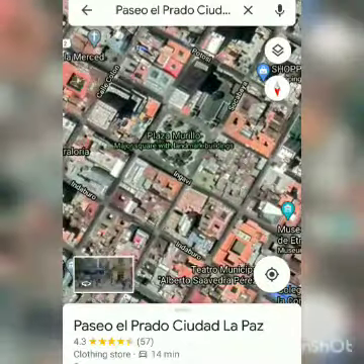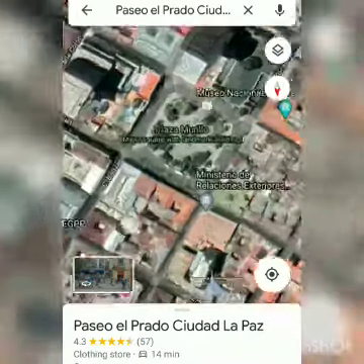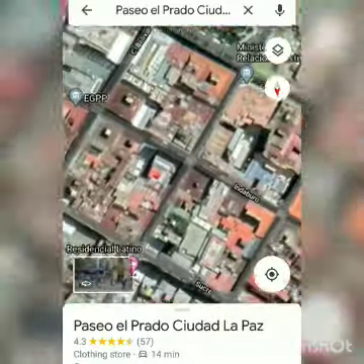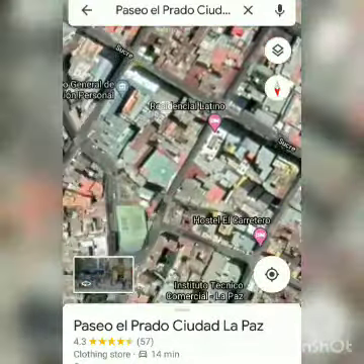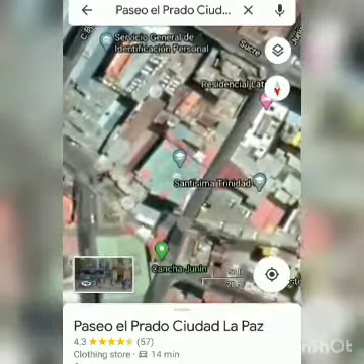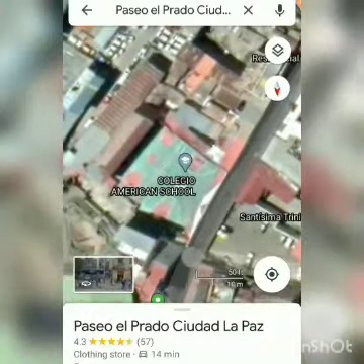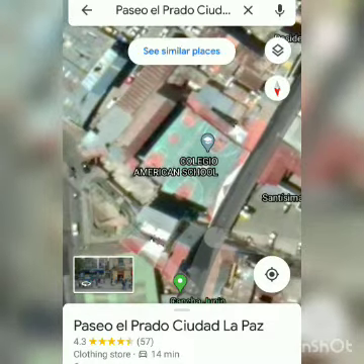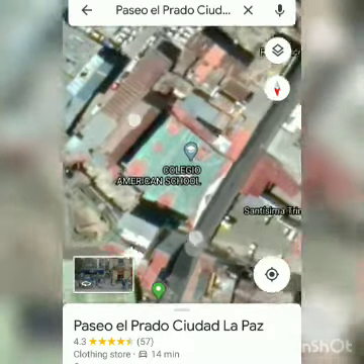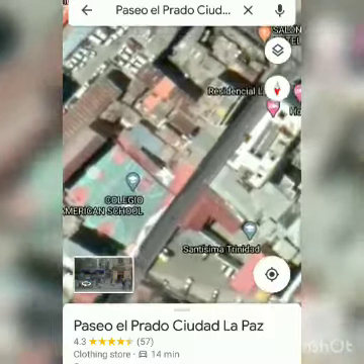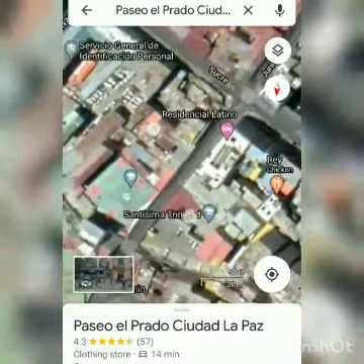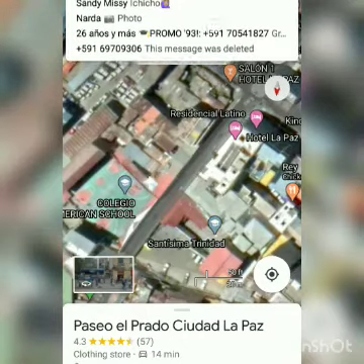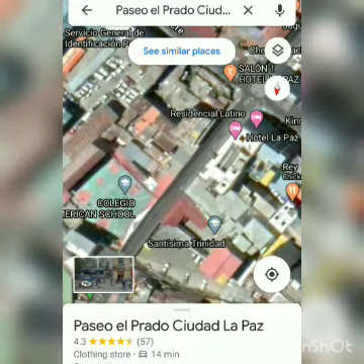Let's look up our school. Yes. Look at this. We found our school in the map. Our school is in which street? Junín Street, okay? Don't forget, our school is in front of another school.